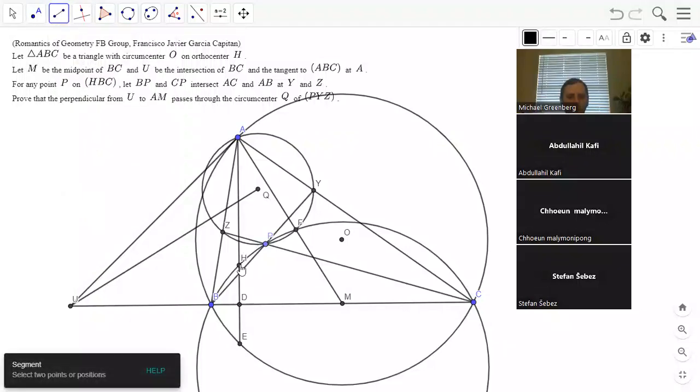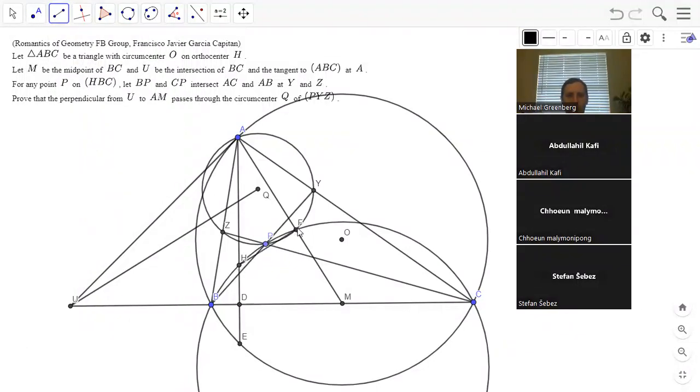Okay. So basically, yeah, you're saying this is a right angle. Is it obvious that those concur?